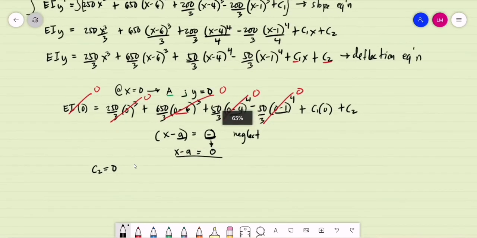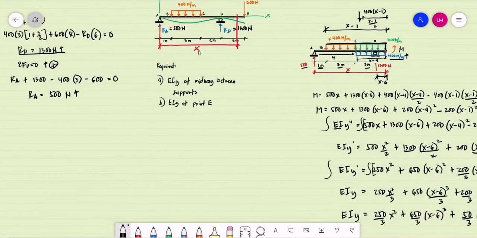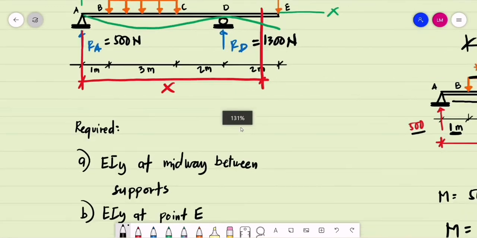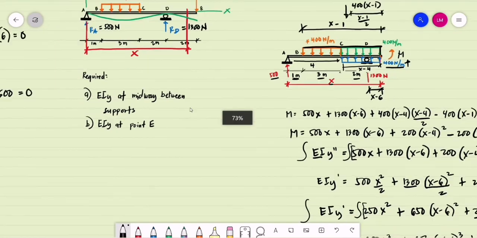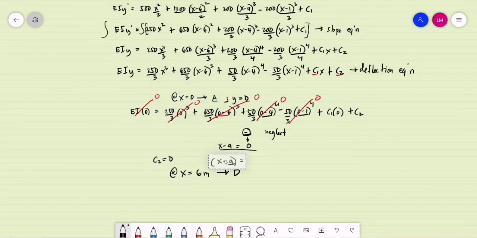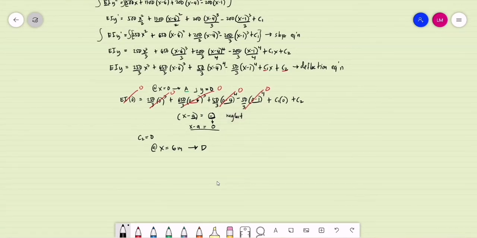Then, how do we compute for c sub 1? We proceed to the next support. That is at x is equal to 6 meters. Take note that is at point D, at the roller support. That is at a distance of 6 meters from A. Again, that is at point D. So what we have to do now is substitute from our deflection equation.